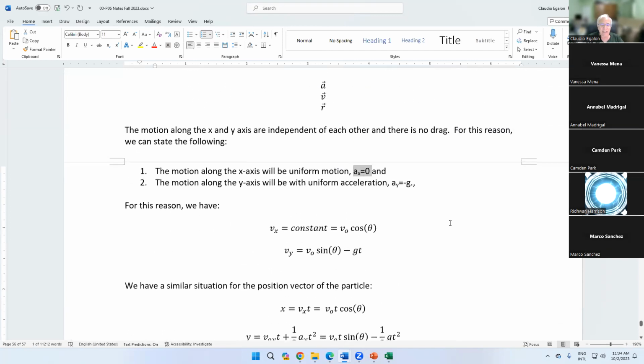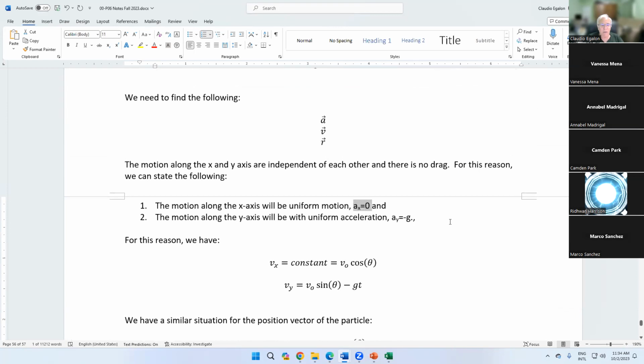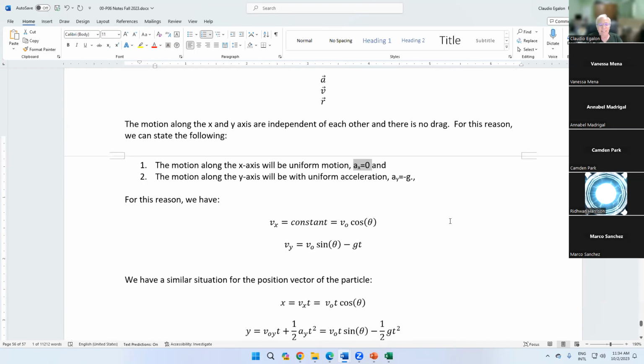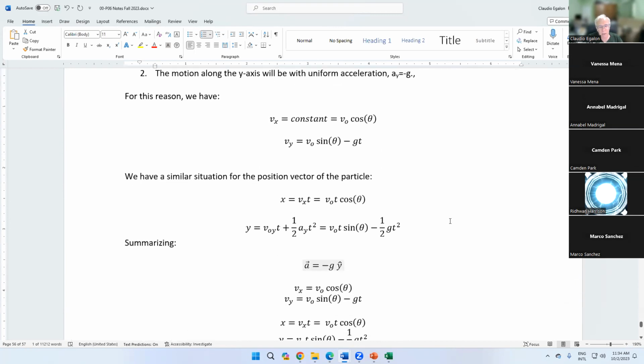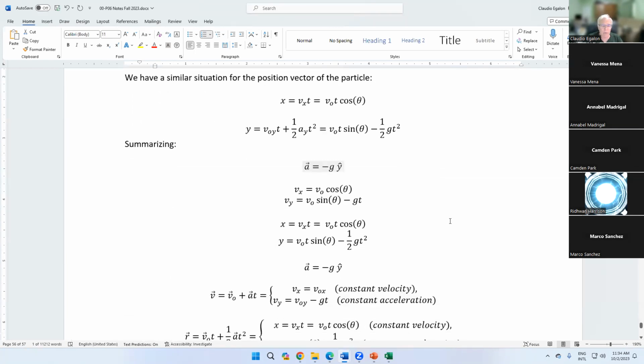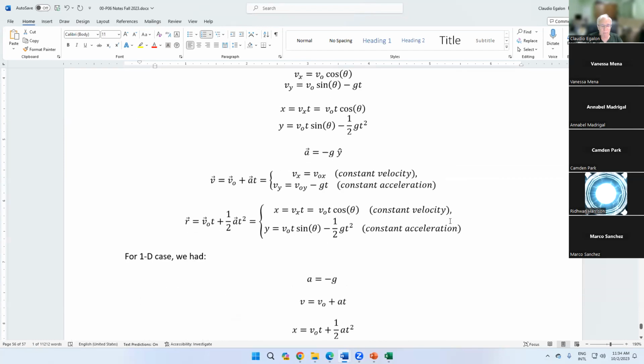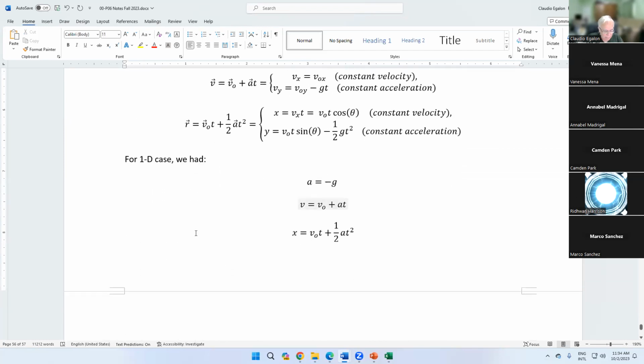So if we are dealing with a two-dimensional motion, we're going to have twice as many equations. If you're dealing with three-dimensional motions, we may have 3 times as many equations. The more dimensions you have in the problem, the more equations you have. So let's write that down here.